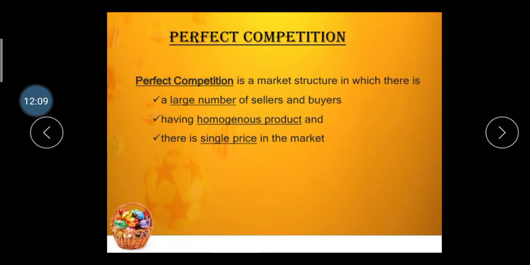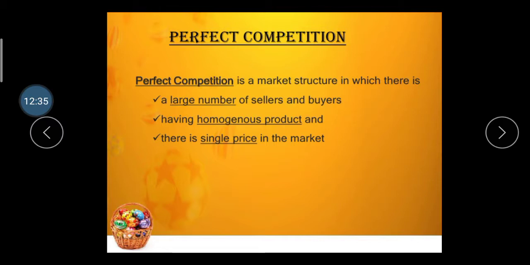So let's see. First one, the perfect competition market. What is the meaning of that? From the name itself, it is a market in which perfect competition is available between buyer and seller. So it's called the perfect competition market. Perfect competition is a market structure in which a large number of sellers and buyers are available, having a homogeneous product.